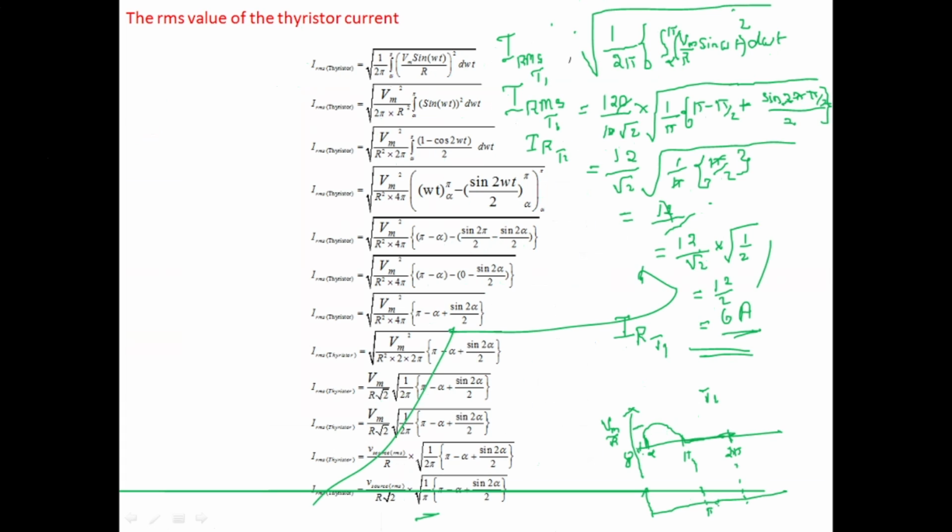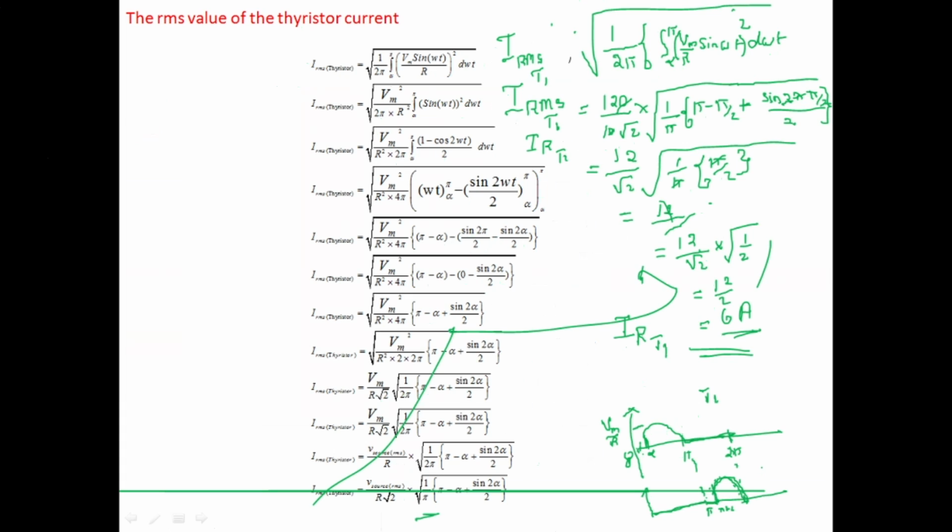It does not conduct from 0 to pi. It starts conducting from pi plus alpha and continues till 2 pi. This waveform and this waveform are the same, but in different time durations.